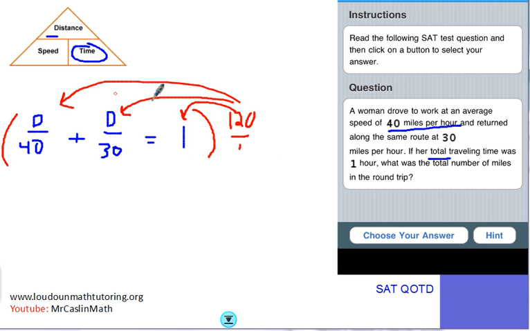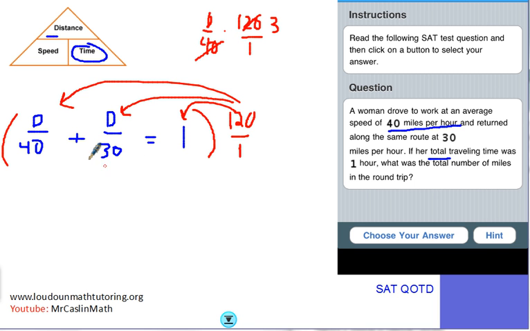Okay, and then essentially what I'm doing by multiplying every term is I'm really multiplying the left-hand side and the right-hand side of the equation by 120. Now, if you have d over 40 times 120 over 1, you can cross cancel. 120 divided by 40 is equal to 3.